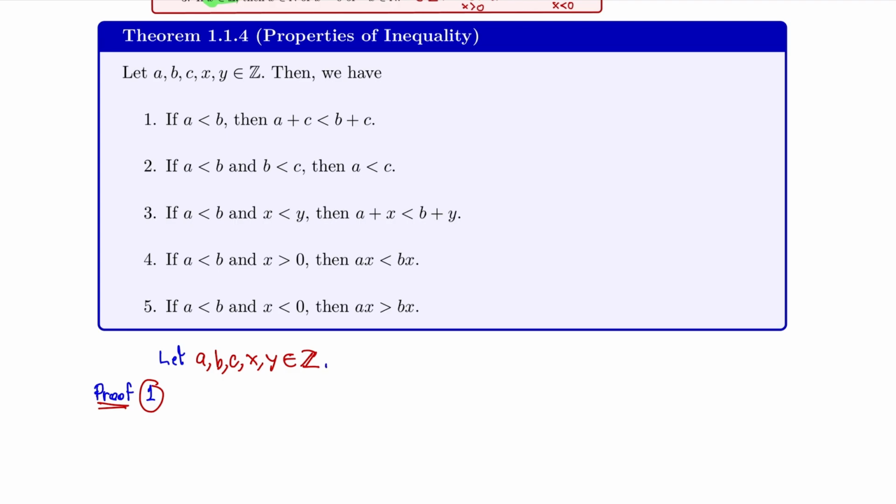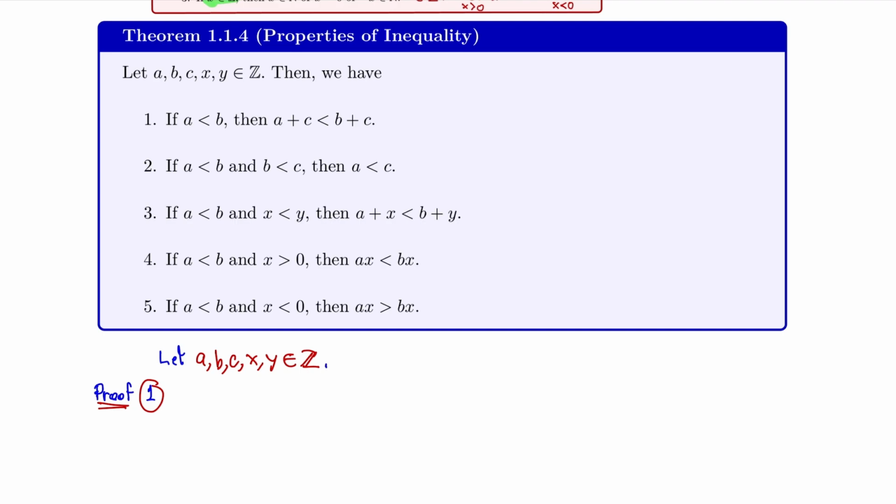Then I will prove the first property: if a is less than b, then a plus c is less than b plus c. So we have to show that this inequality holds when a is less than b.